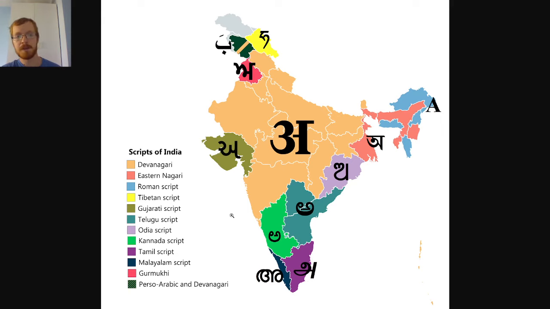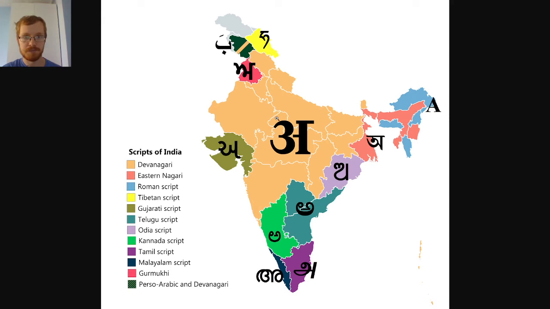Yeah, so this is a map showing the different scripts of India. As you can see, the main one is the Devanagari script, which is spoken in the north and central parts, especially around Delhi, Mumbai, and also around Uttar Pradesh, Varanasi, these areas.